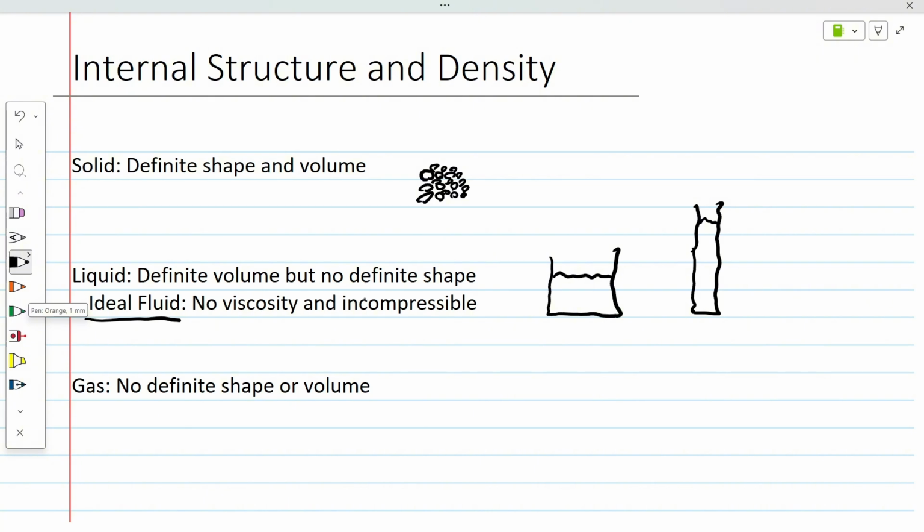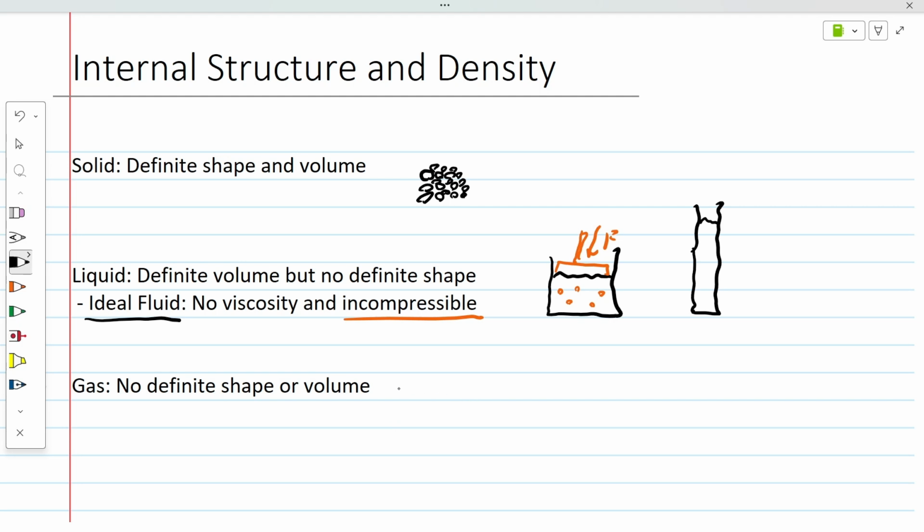It doesn't have fiber type structures, and it's incompressible. And so what incompressible means is that if we had this fluid here, let's say there's molecules and we have a piston pushing down, even if we applied a force, the volume would not change and the piston would not go downwards, and that's what incompressible means.